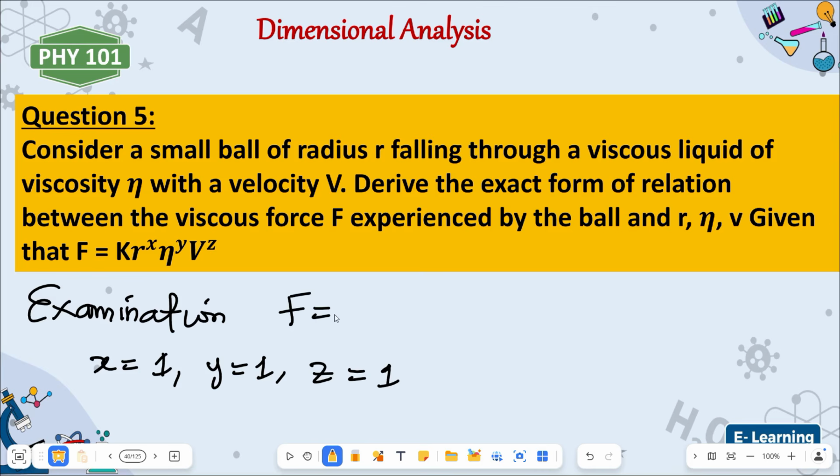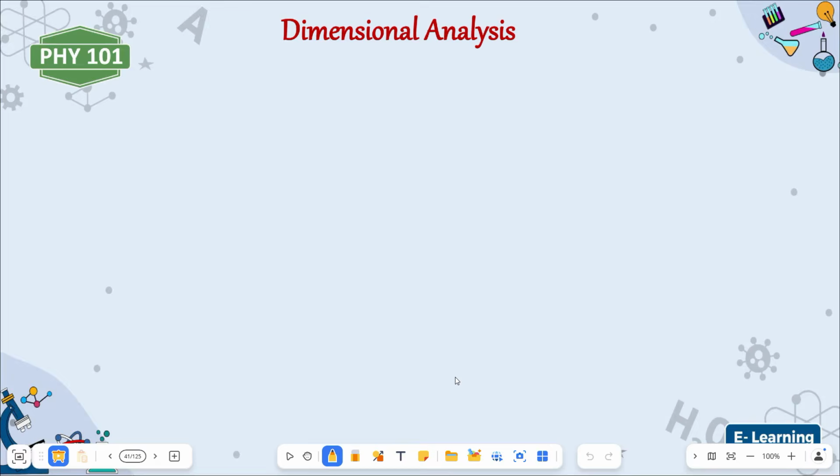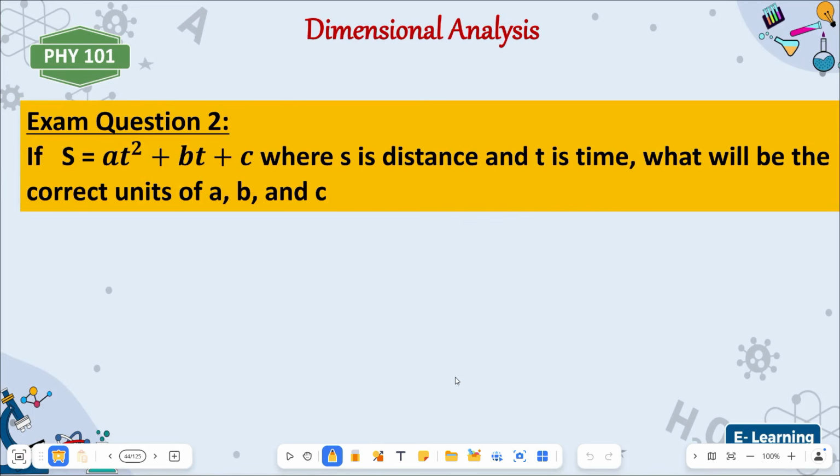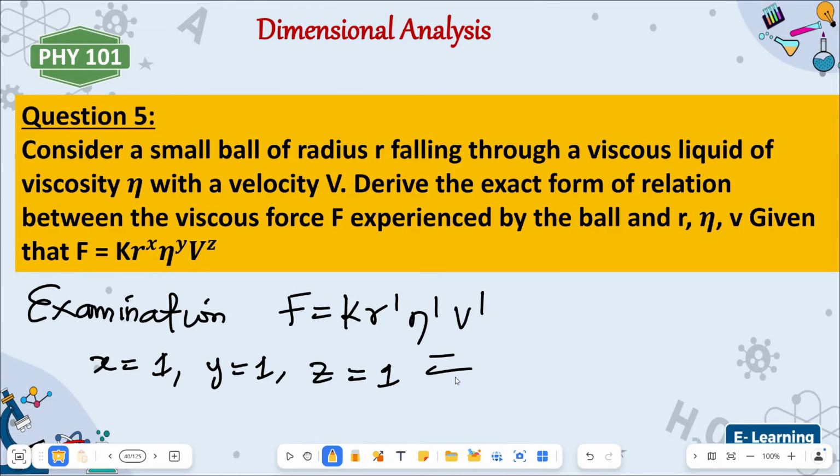So F will be equal to K r1, this 1, v1. If you have time and you think you want to go through it, it's a very simple something. But I don't think I have that time for now. All right? So whenever you see this question in the exam, just know that the answer is 1, 1, 1.